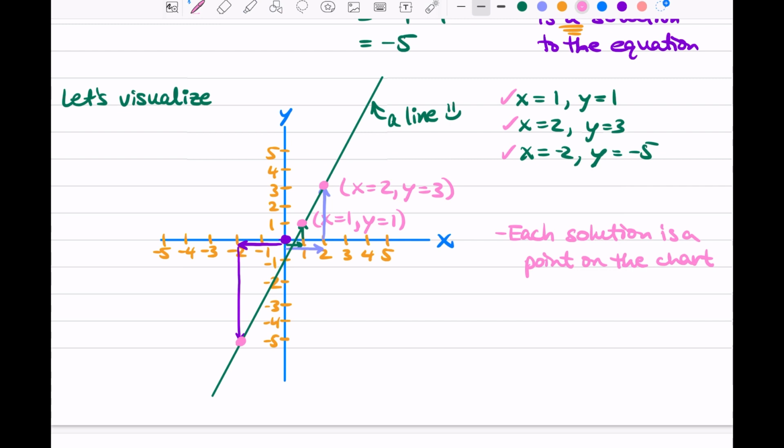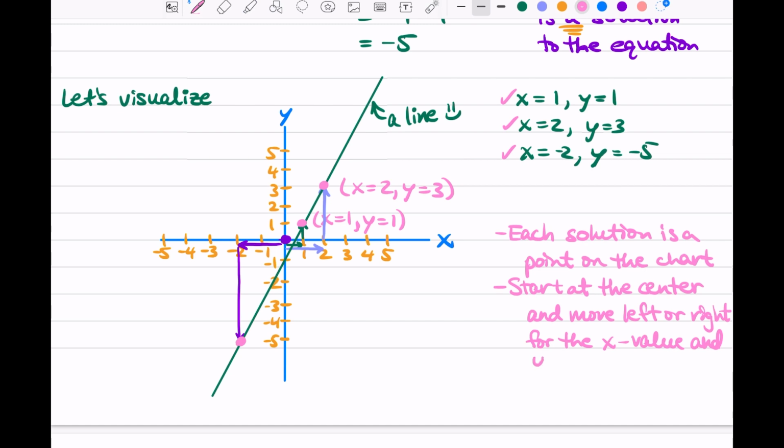And what's our rule for plotting these points? We start at the center, where the blue x line and the blue y line cross, and move left or right for the x value, and up or down for the y value.